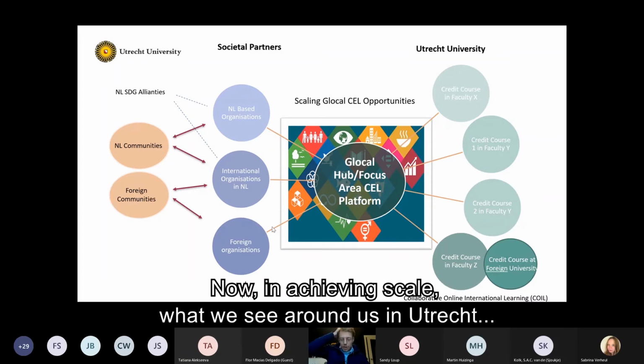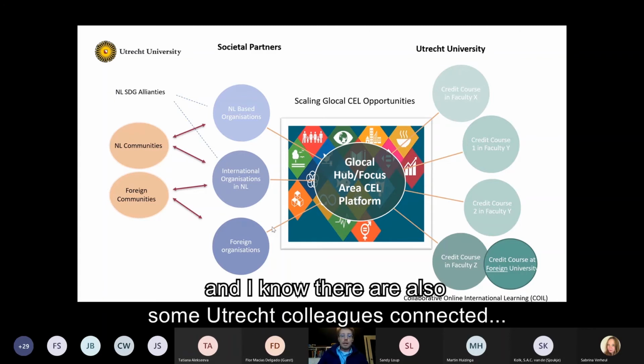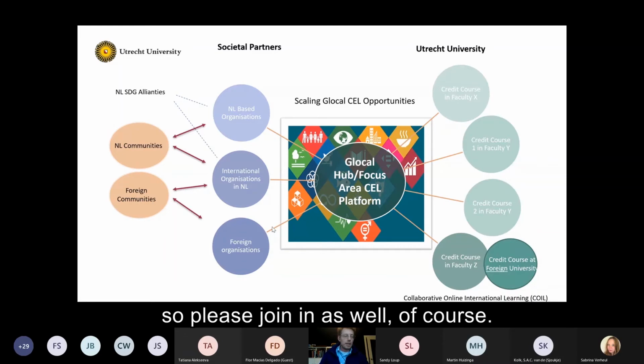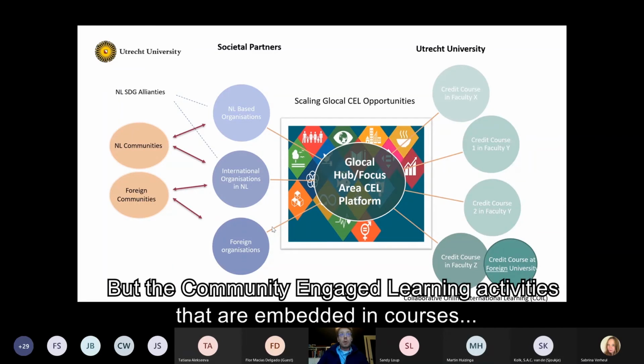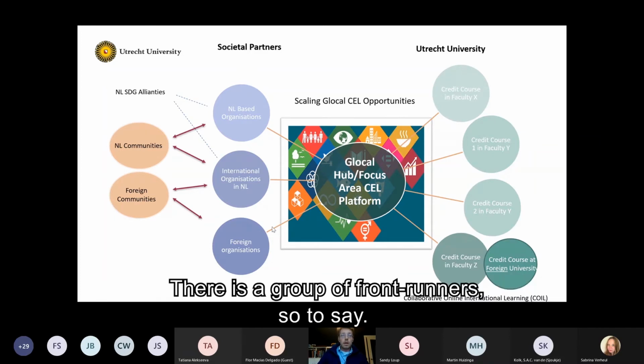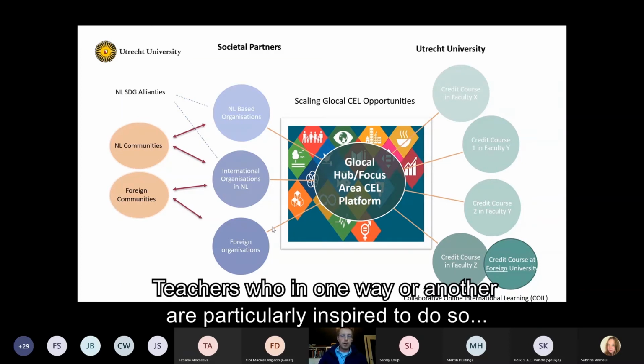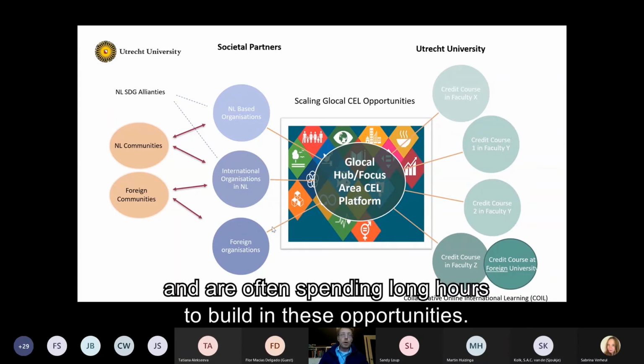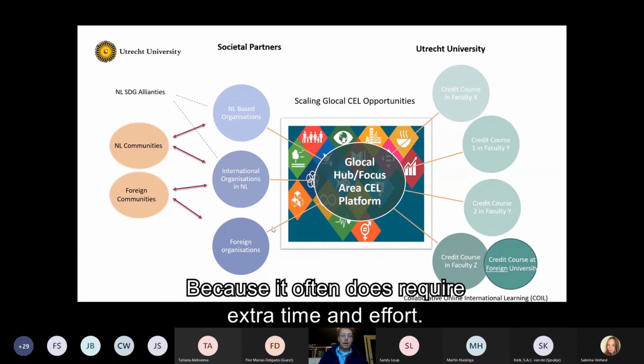So one, in achieving scale, what we see around us in Utrecht, and I know there are also some Utrecht colleagues connected, so please chime in as well, is that the community engaged learning activities embedded in courses come from a group of front runners, teachers who are particularly inspired to do so, and are often spending long hours to build in these opportunities, because it often does require extra time and effort.